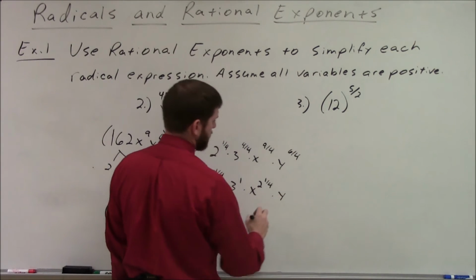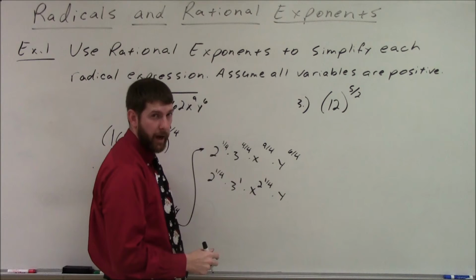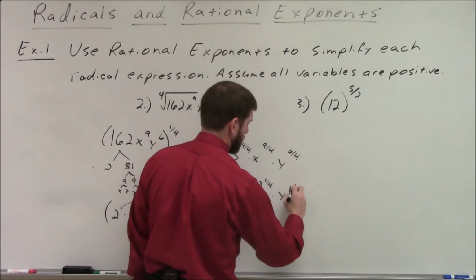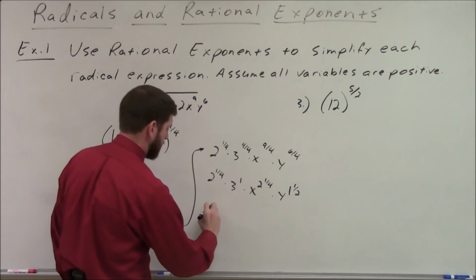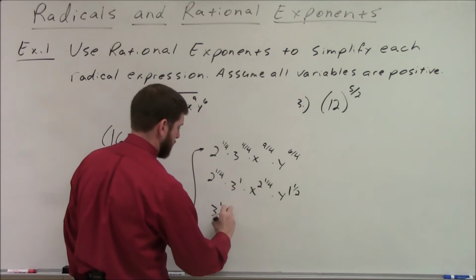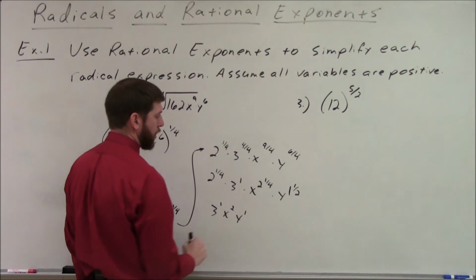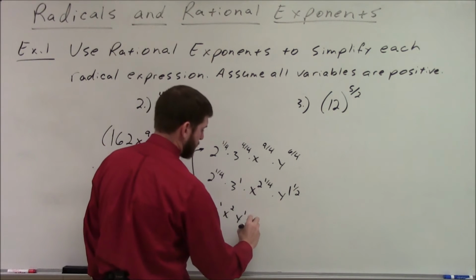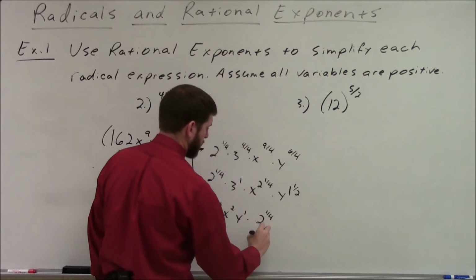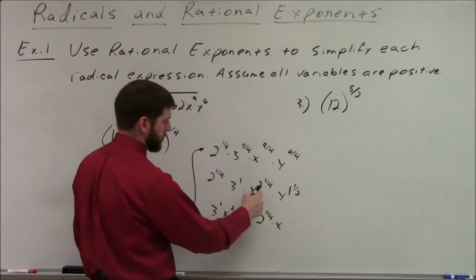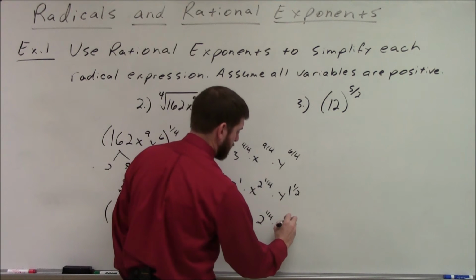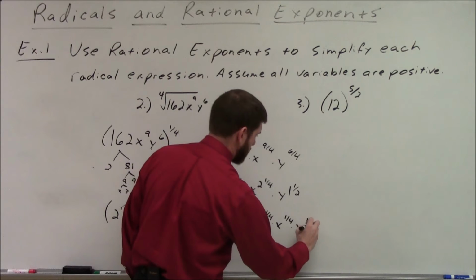Y to the 6/4 is 1 1/2. So we get 3 to the 1st, x to the 2nd, y to the 1st. That's all of our whole number exponents. We're left with 2 to the 1/4, x to the 1/4, and y to the 1/2.